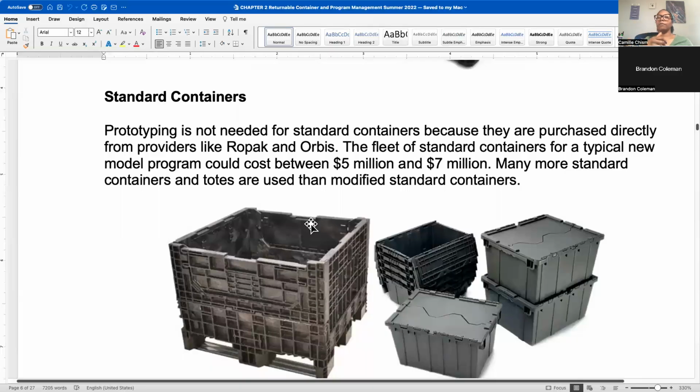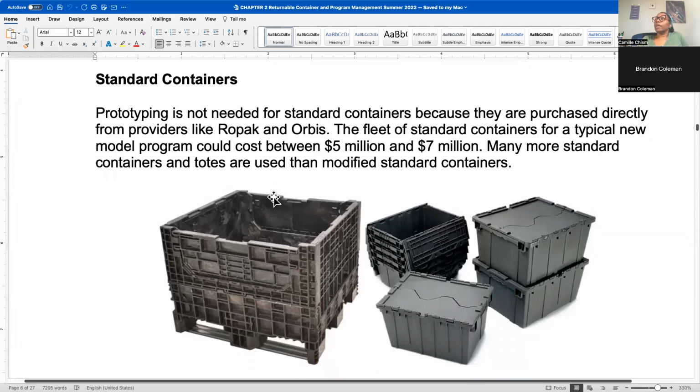So the prototype cost for the standard containers is gone, because if you want to test something, you probably can grab an existing bin and use it for a trial, instead of getting a special prototype made and testing it and then modifying it and getting drawings for it. You're just using a standard pack that already has a drawing. You already know the size. You can grab something like that off the floor and use it for a test.